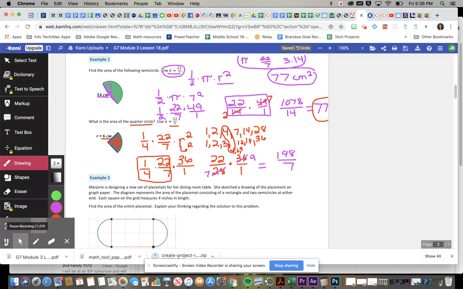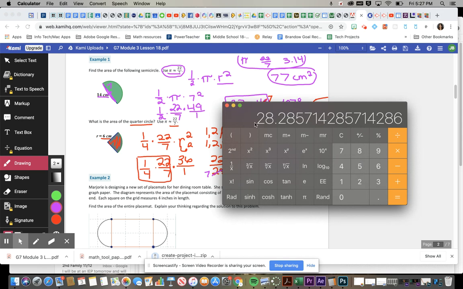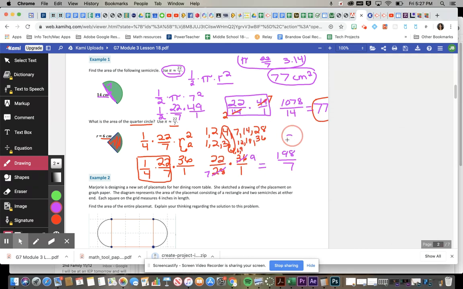Okay. When I divided that out, I got this 28.28571442. Okay, so 28.285742, on and on. So if it's a decimal like this and it just keeps going, another way that you can write it is in a form like this, if I know that it's a really long decimal.